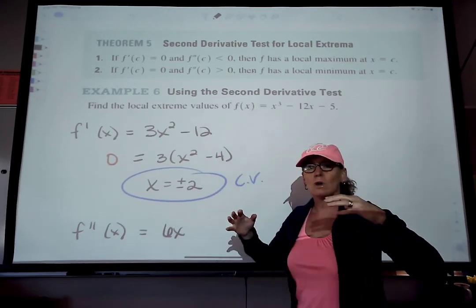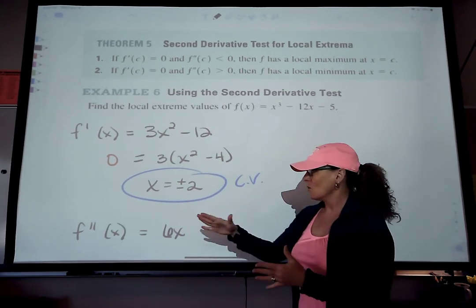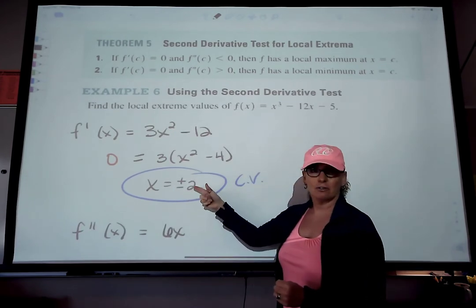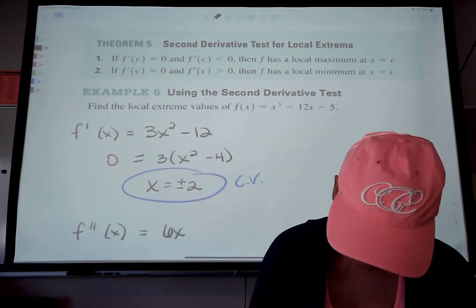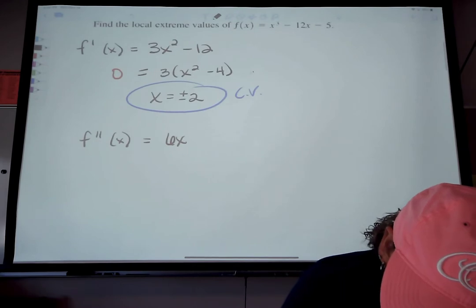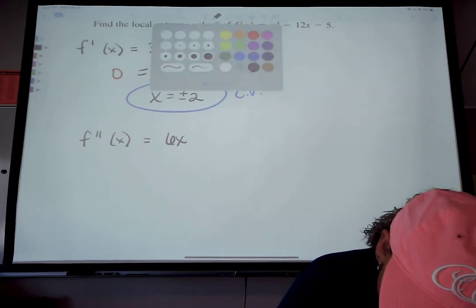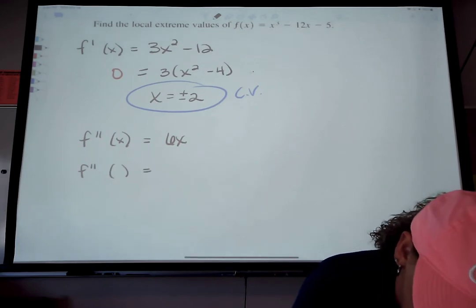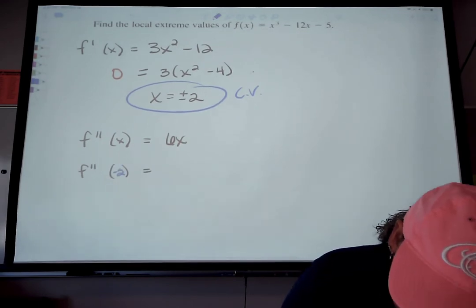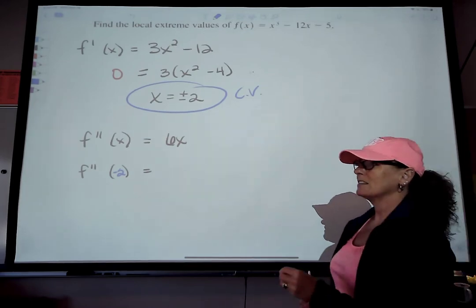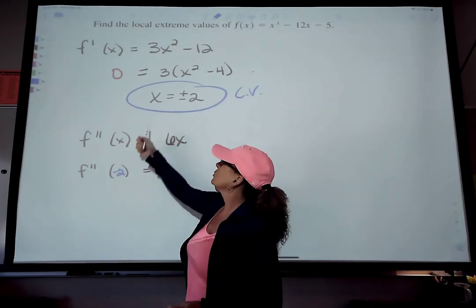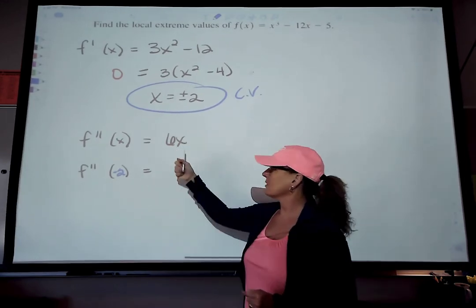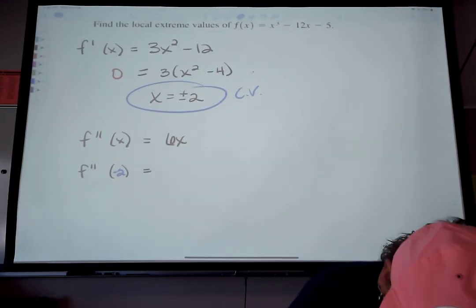So let's look at what's happening with our second derivative at our critical values. When I plug in -2 to my second derivative, see, -2 was one of my critical values, I get -12.